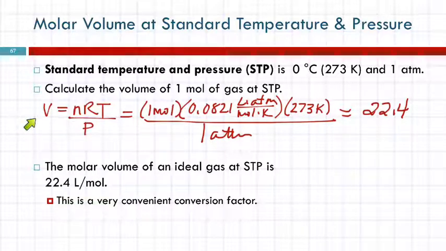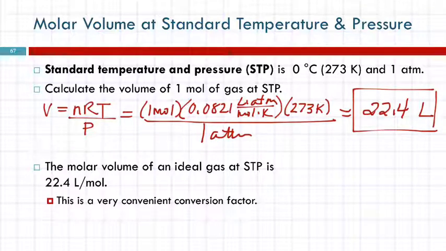The volume of 1 mole of a gas at STP is 22.4 liters. That is a very useful conversion factor because it doesn't matter what the gas is. It matters how many moles of gas there are, how many particles.